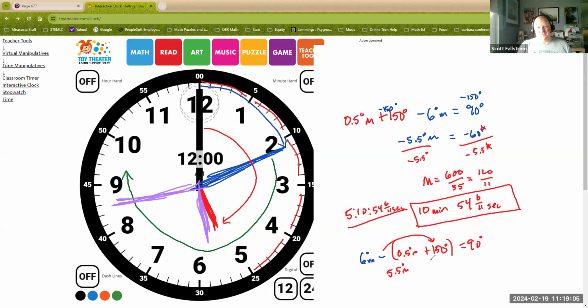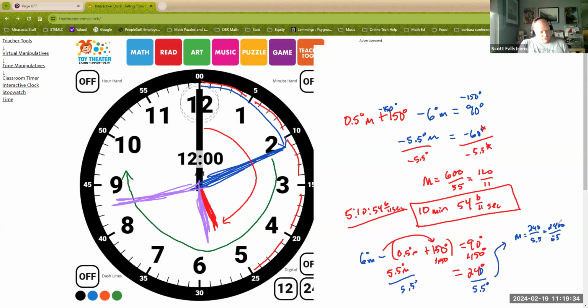So I'm going to add 150 to both sides to get rid of that. So I get 5.5M equals 240, and then divide by 5.5. And I end up with M equals 240 over 5.5, which is 2400 over 55.